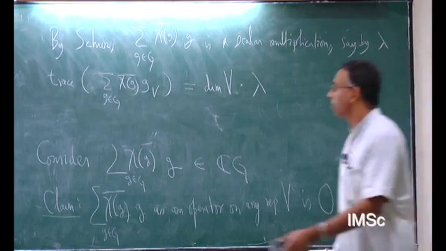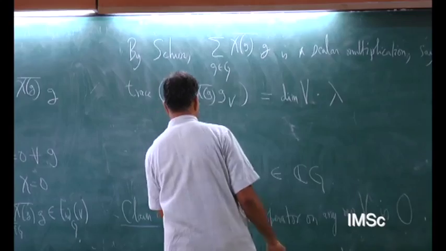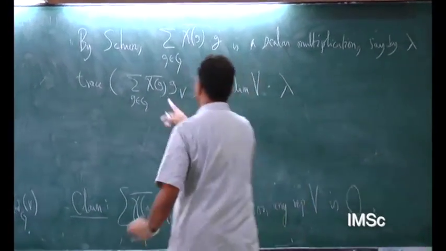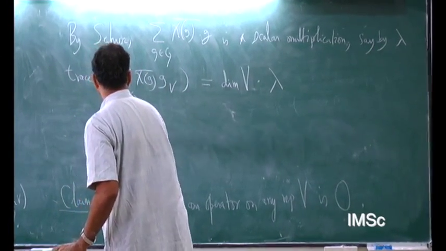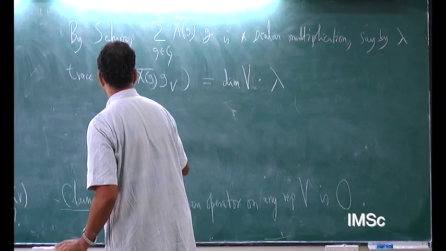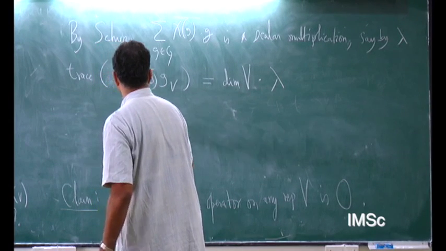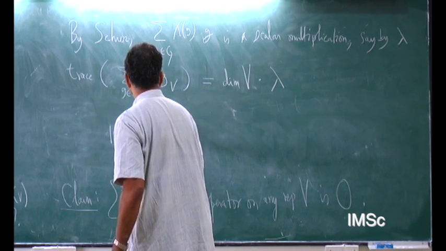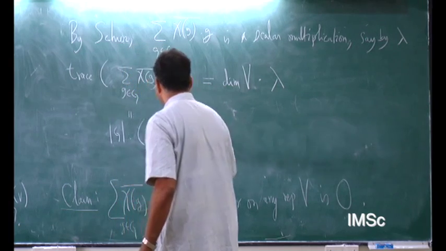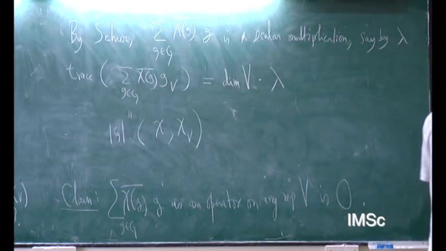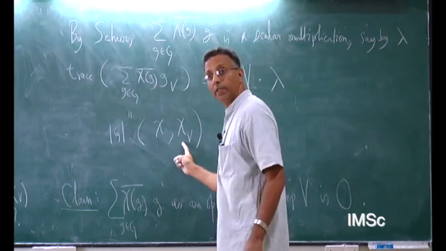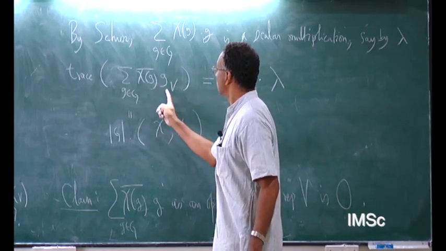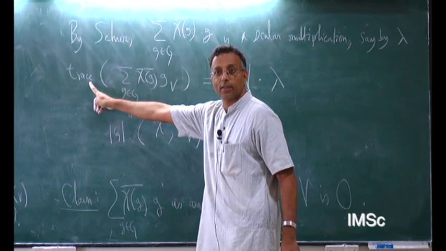But this is equal to, what is the definition of the inner product of chi with chi_V, if I put the trace here?